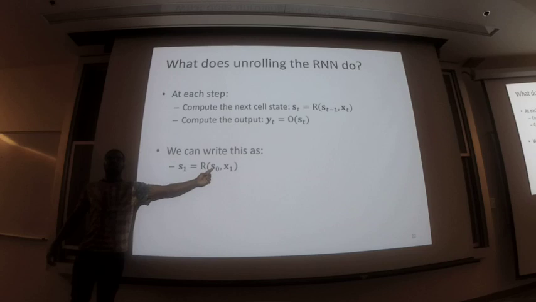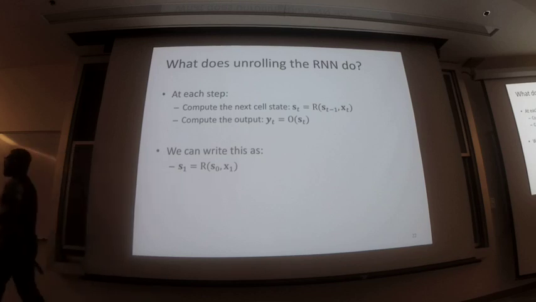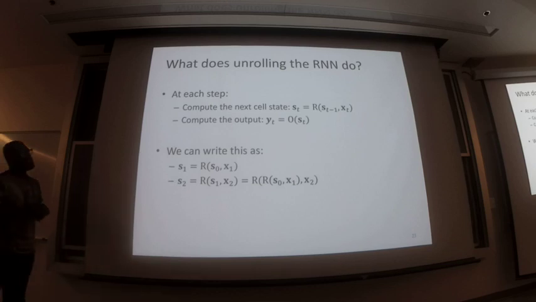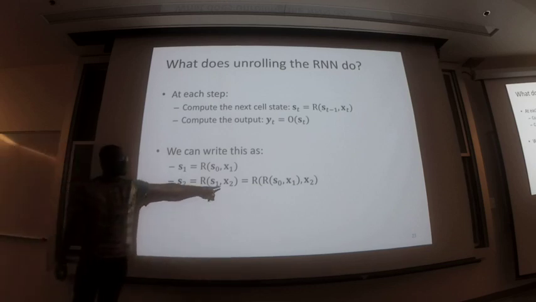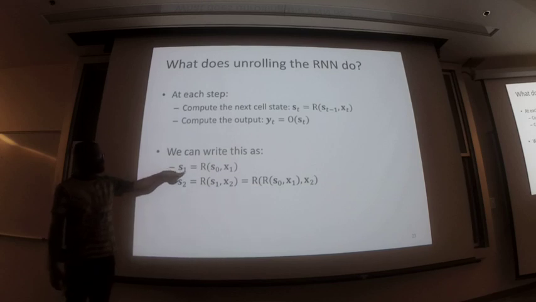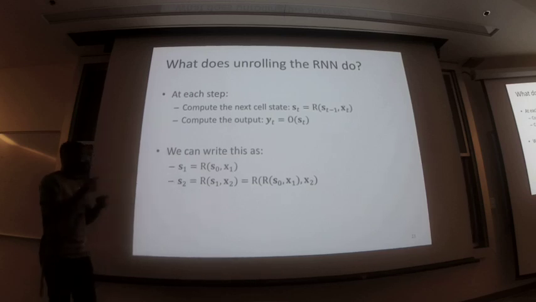S sub 0 is our initialized state, and then we use that to produce our next cell state. When input X sub 2 comes in, we use our previous cell state, and then we use that to produce our next cell state.